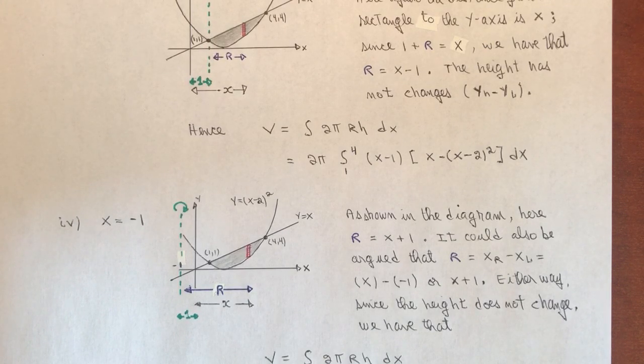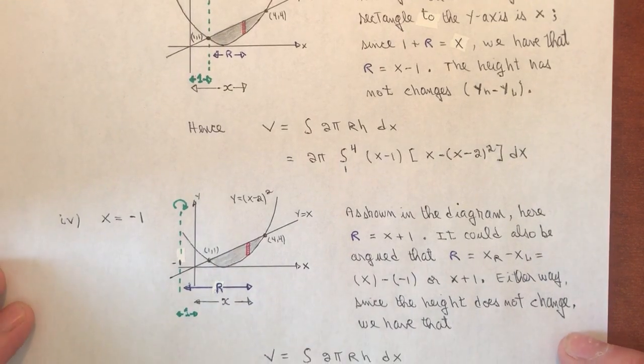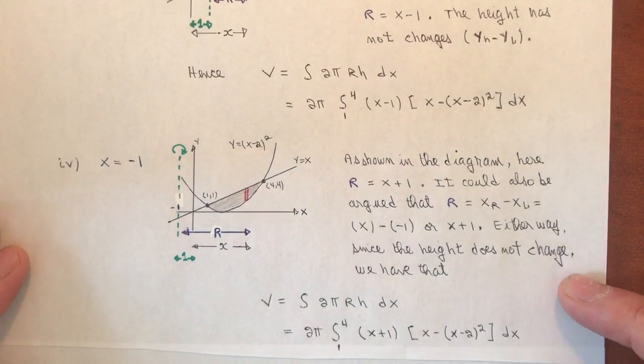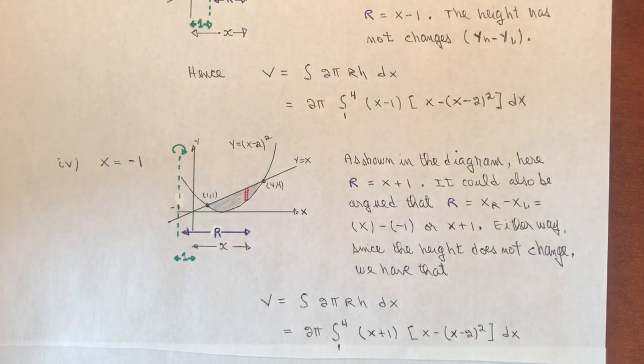So x on the right and -1 on the left gives us x minus -1 or x plus 1. Either way, the radius is x plus 1 and the height does not change, so that we actually have the volume to be the integral from 1 to 4 of (x plus 1) times the usual height (x minus (x minus 2) all squared) dx with the 2 pi outside.